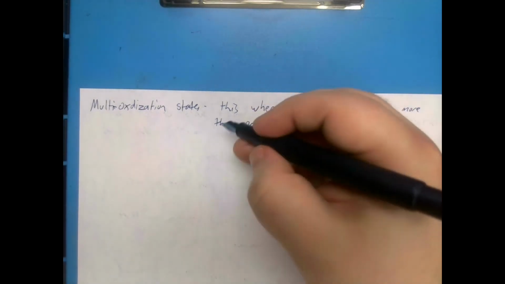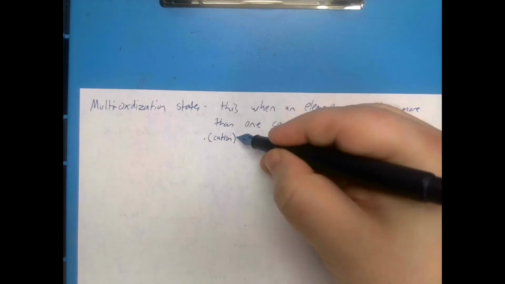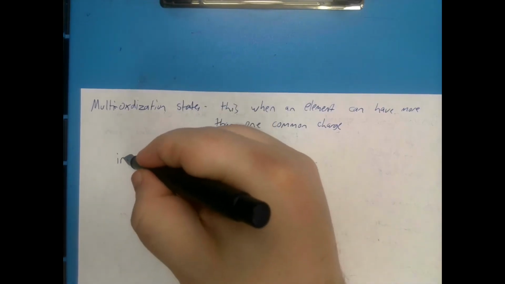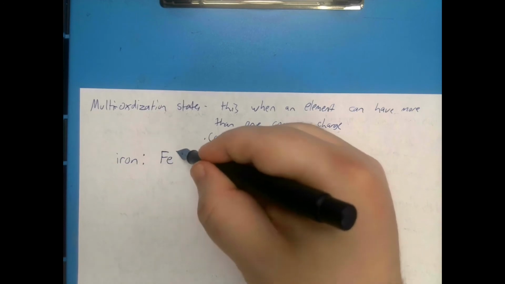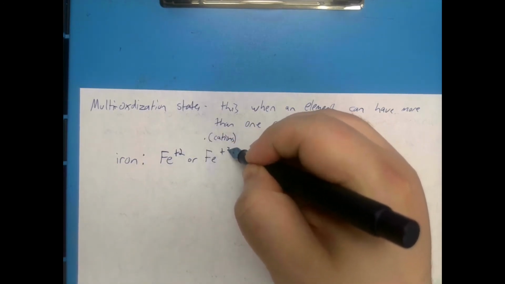And this specifically refers to the cation versions of them. For example, iron. Iron can turn into Fe plus 2 or Fe plus 3.